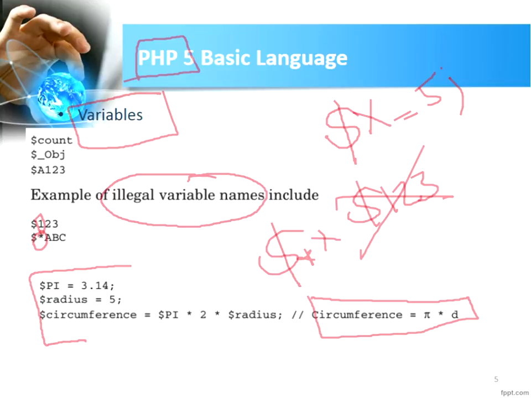For pi, I will assign the value 3.14. For the radius of my circle, I assign the value of 5. The circumference of my circle equals the value of pi multiplied by 2 multiplied by the radius.